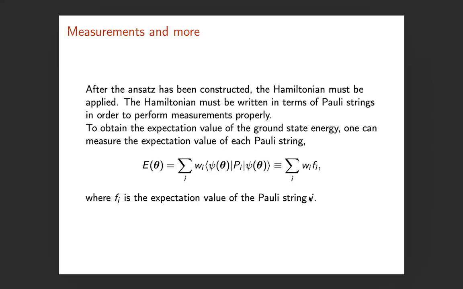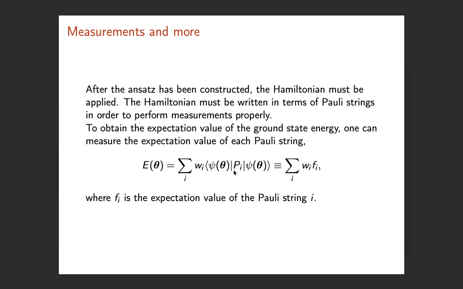Okay, so after we have constructed these ansatz in terms of rotation matrices, then the Hamiltonian must be applied. And the Hamiltonian is rewritten, that's always the case, in terms of Pauli strings. And it's in terms of this string of Pauli matrices that we're going to perform the measurements. And then to get the expectation value of the ground state energy, you can measure the expectation value of each Pauli string.